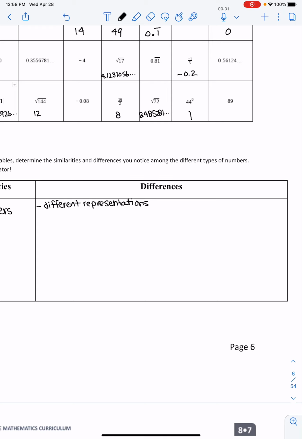So for example, we have whole numbers. We have negatives. We have decimals. We have fractions. We have square roots.